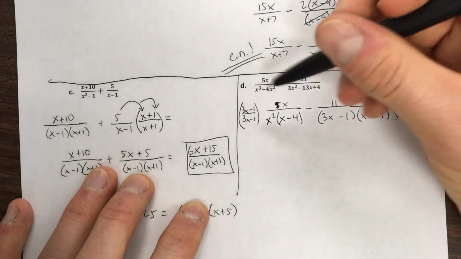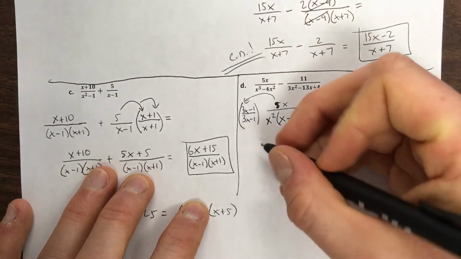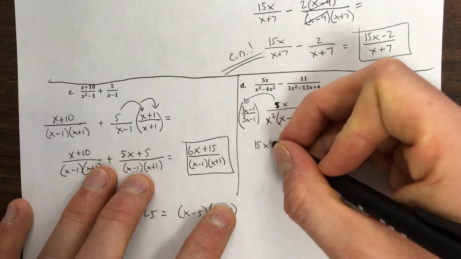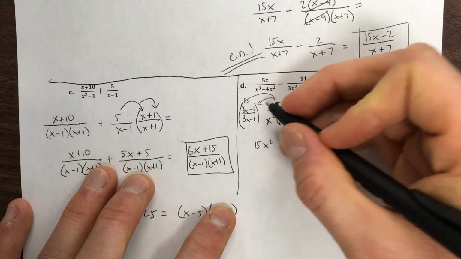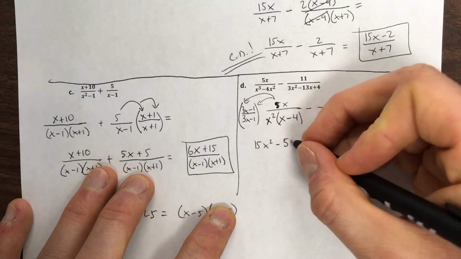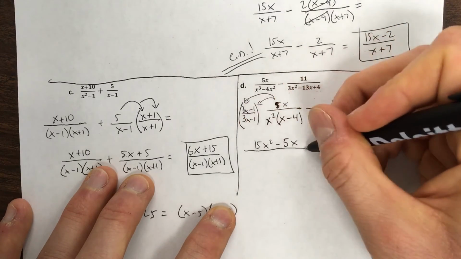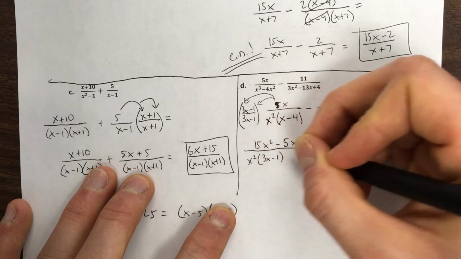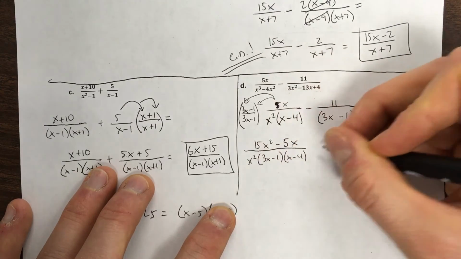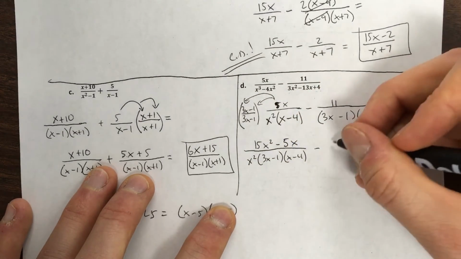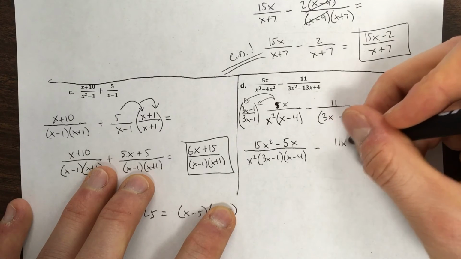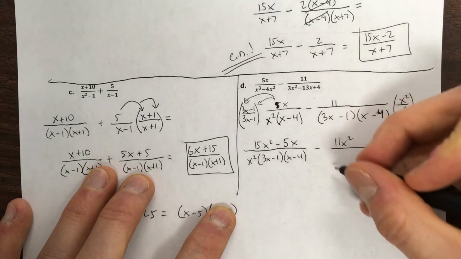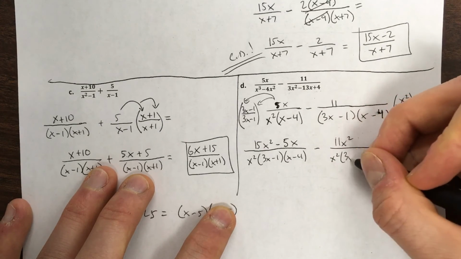Now again, distributive property, 5x times 3x would give us 15x squared. 5x times negative 1, and over here, I'm going to just move the x squared in the front. 11x squared. Again, I'm just going to move the x squared in the front.